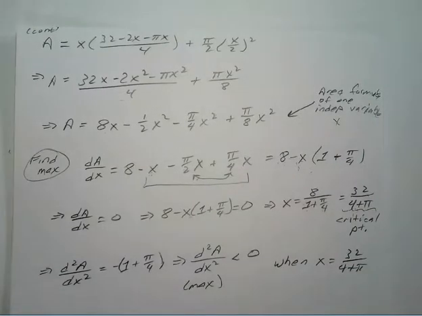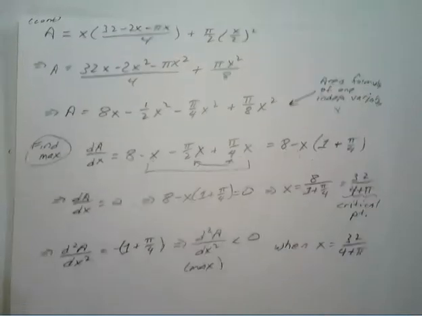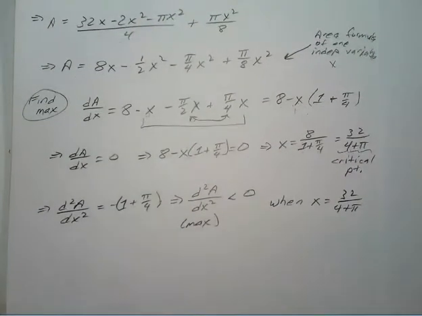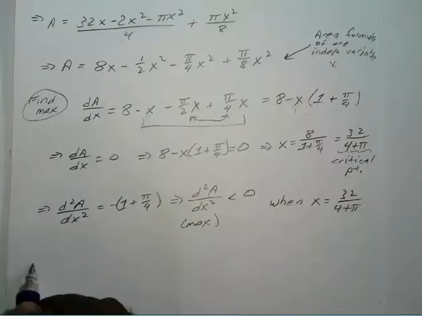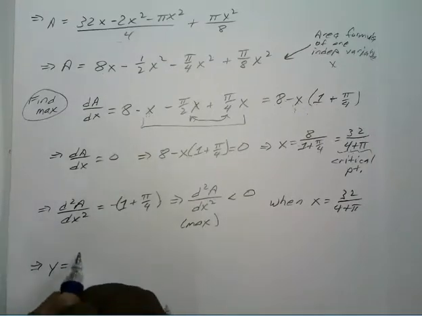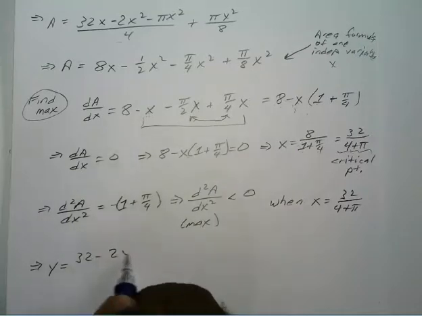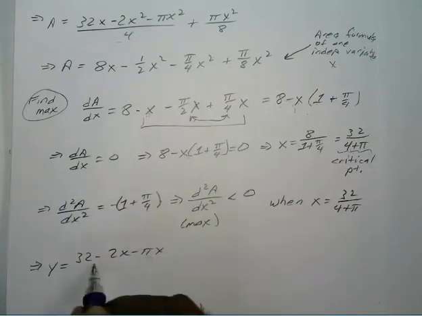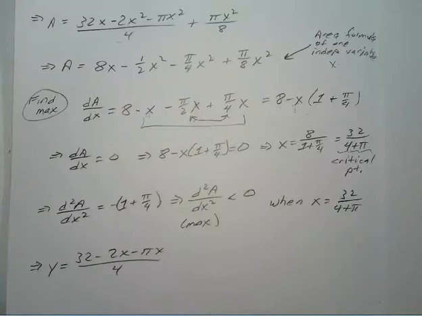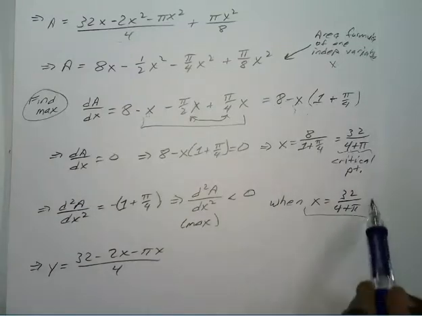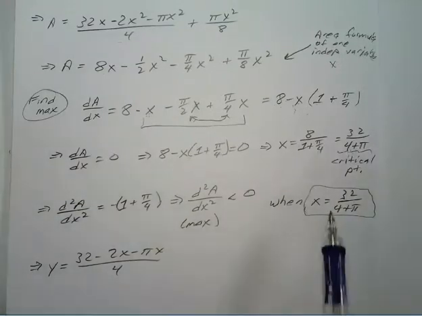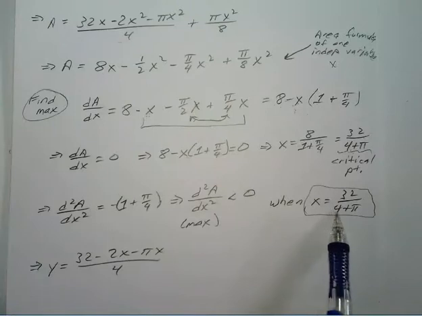All right, take a deep breath. We're almost done. I know this is kind of a long one. Okay, so now we're looking for our maximum area. So if we go back to our y is equal to 32 minus 2x minus pi x over 4, we just plug in our x value, because we already know we have our maximum x value. We just have to find our maximum y value.